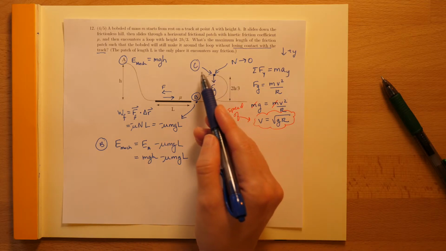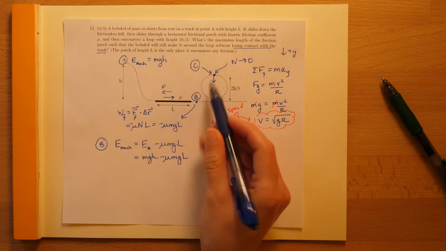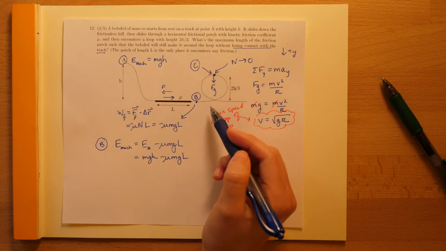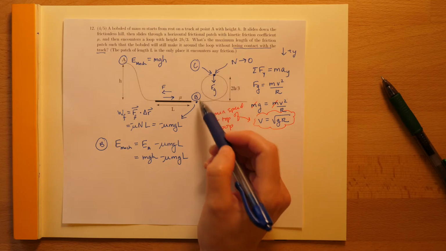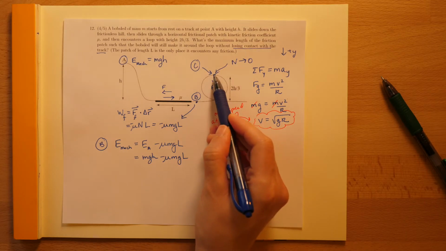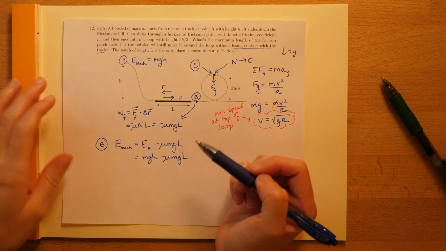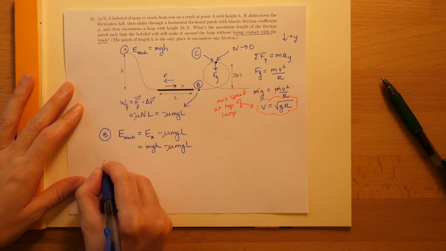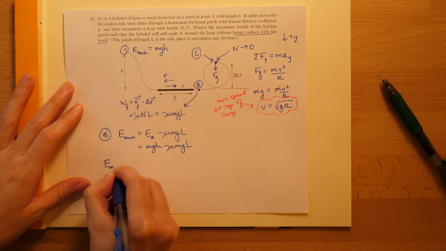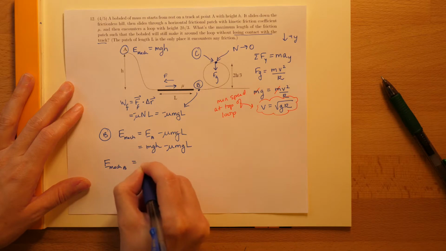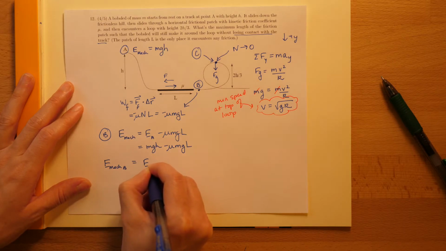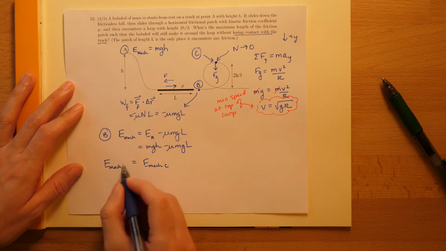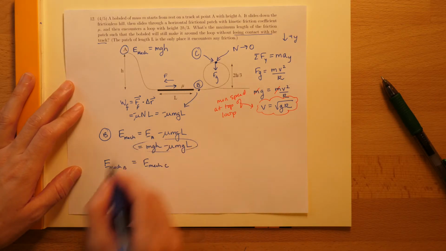Now, how about the energy at C? Between B and C, there's no friction. We have all conservative forces, so mechanical energy between points B and C is going to be conserved. So all we have to do is take the mechanical energy at B and set it equal to the mechanical energy at C. B we just found, so we can plug that in.